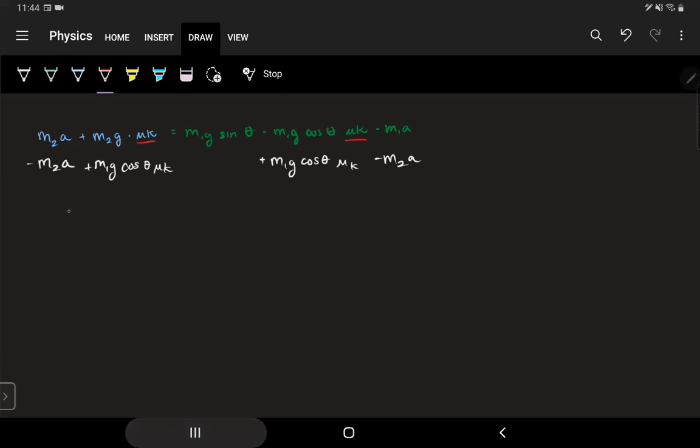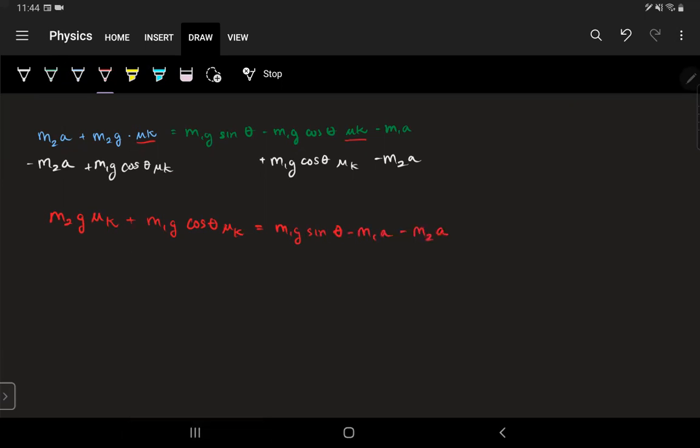We rewrite everything. So we have m2g mu k plus m1g cosine theta mu k equals m1g sine theta minus m1a minus m2a. Okay, and then simply all we do is distribute the mu k.